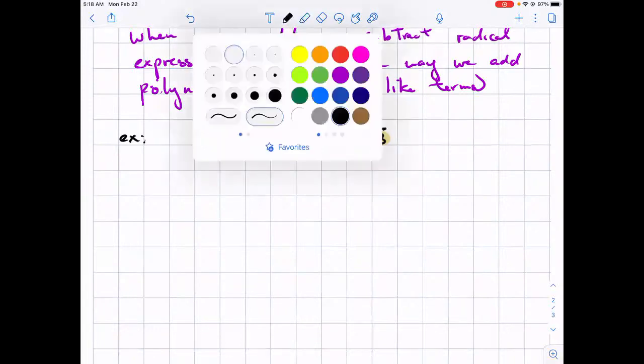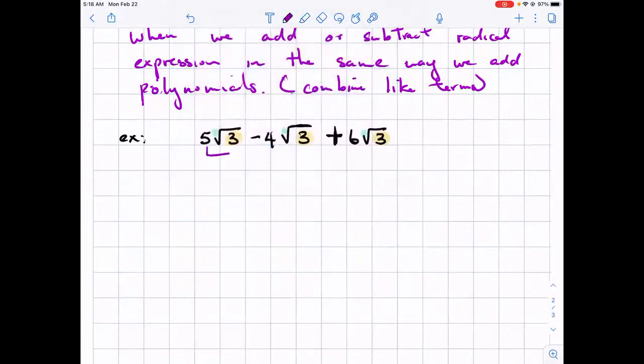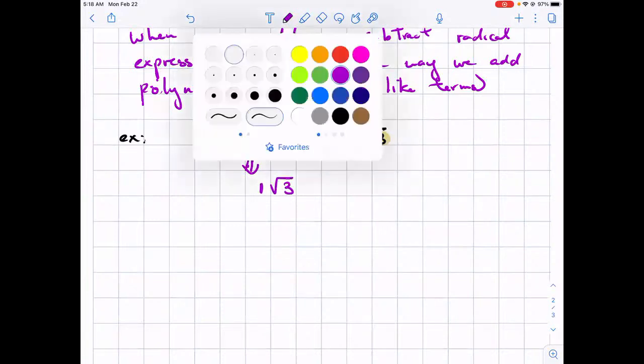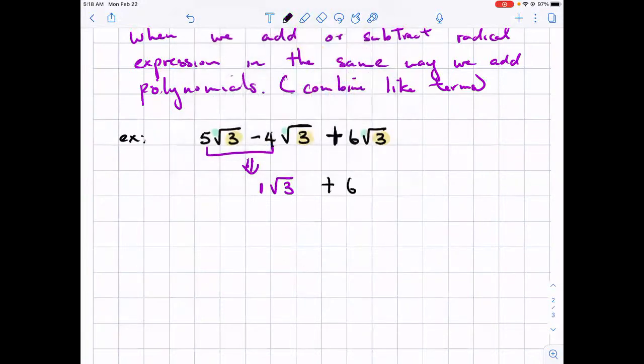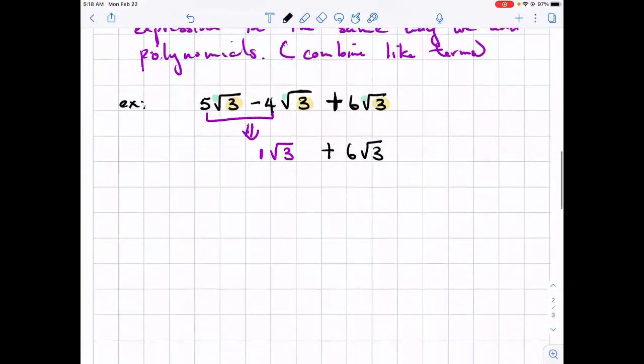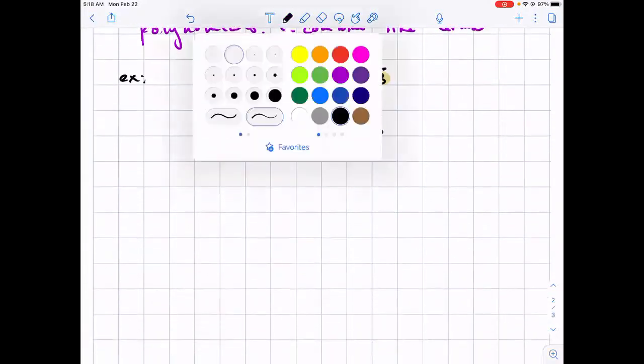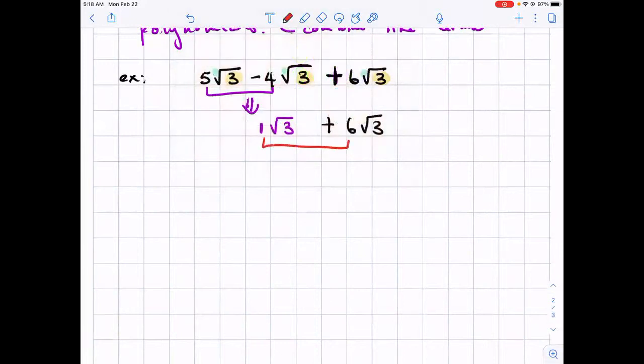The first thing I'll do is 5 minus 4, and that becomes 1 square root of 3. Then I have my plus 6 square root of 3, and now I combine the coefficients 1 plus 6, and this becomes 7 square root of 3. So we have 7 square root of 3 after we combine them.